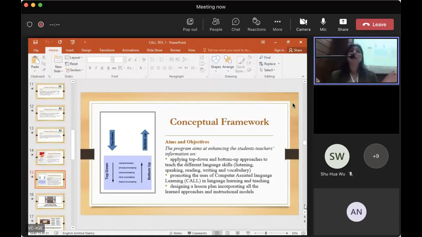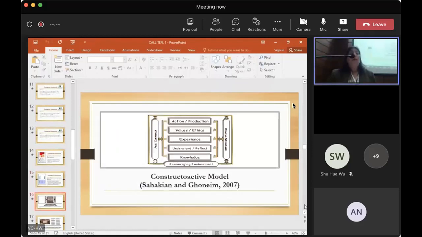The sample I adopted for this study was for teaching English at the elementary stage, but it is applicable on secondary, and I even apply it on my students in university. Okay, so what is the model that we have adopted up to now? We are adopting the constructor-active model.